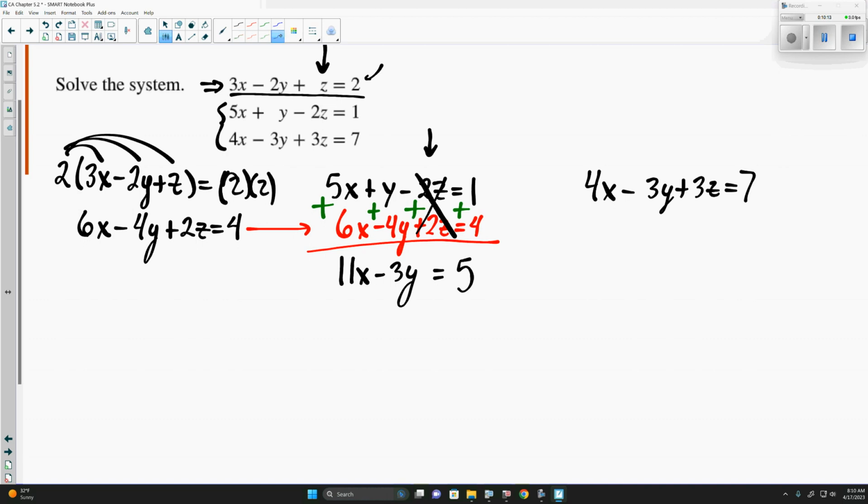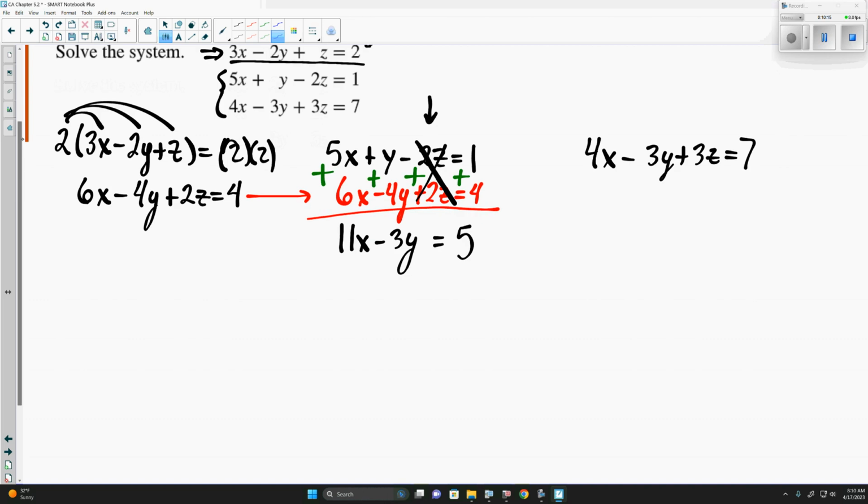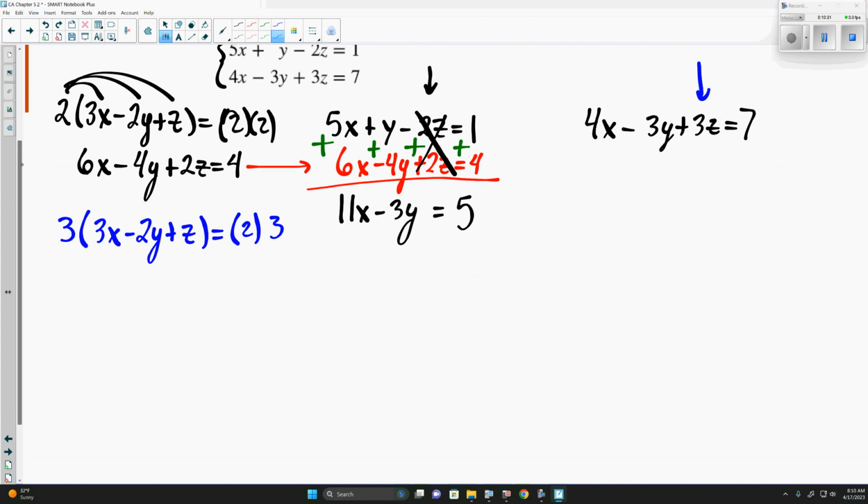We'll do the exact same thing with our other equation. But this time, to get the z's to be the same, we need to multiply our eliminator equation by 3 on either side. And 3 times 3x is going to be 9x. 3 times negative 2y is negative 6y. 3 times z is plus 3z is equal to 6.